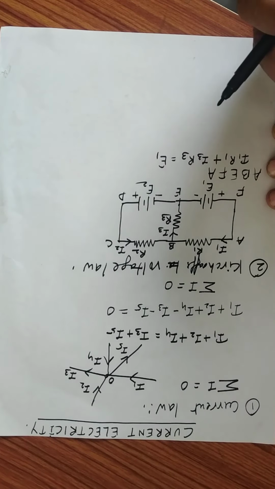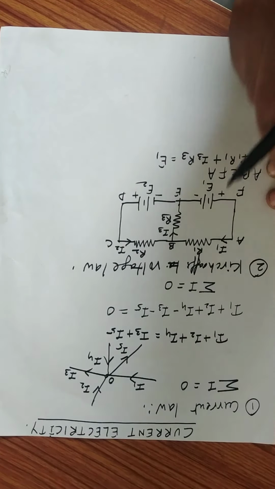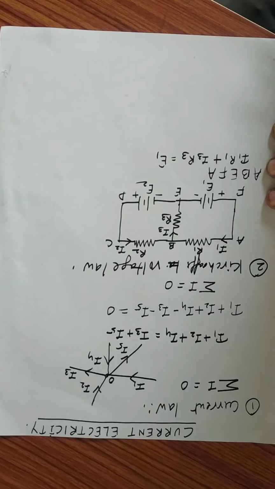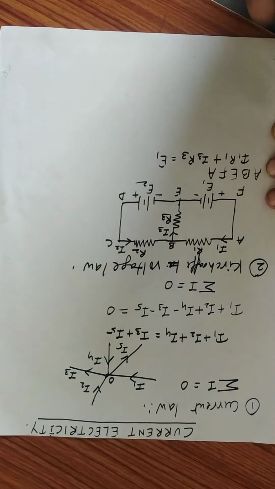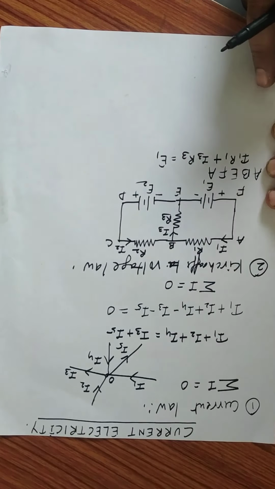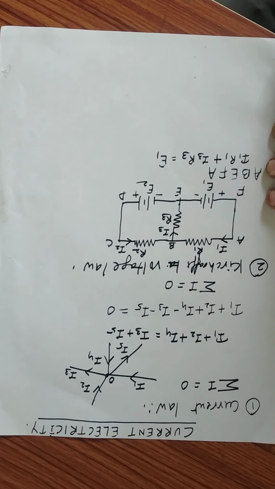You may take the loop as ABEFA or BAFEB, anticlockwise also you can take. But at that time, if the loop direction and current direction are opposite, then take the current as negative. Otherwise, if loop direction and current direction are the same, then take the current as positive.